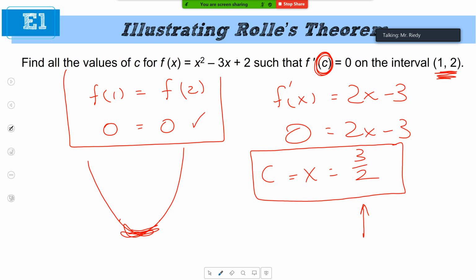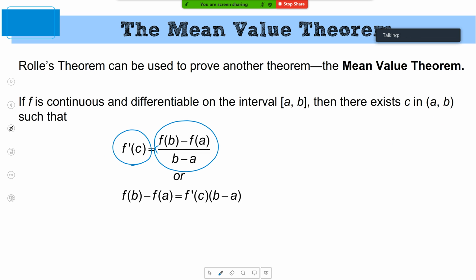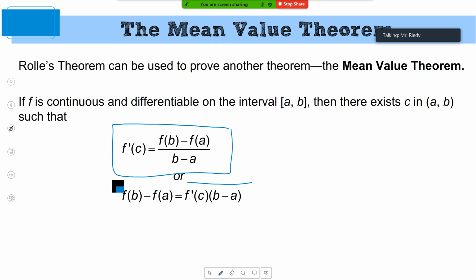Hopefully this is starting to sink in a little bit, so let's keep going. Most of the time, this first part is going to be your preferred way of looking at the mean value theorem. However, this also appears a little bit, and that's just multiplying by b minus a.